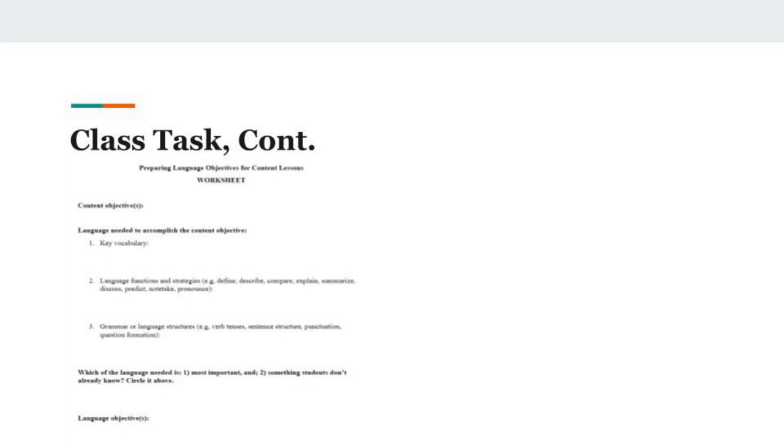And finally at the end of the worksheet you state your language objective or language objectives explicitly. So the worksheet is pretty straightforward, but if you have any questions, please feel free to also ask on this discussion board or email me.